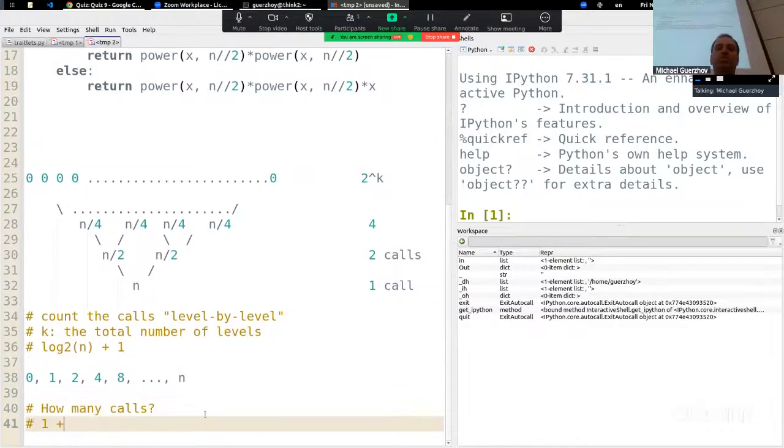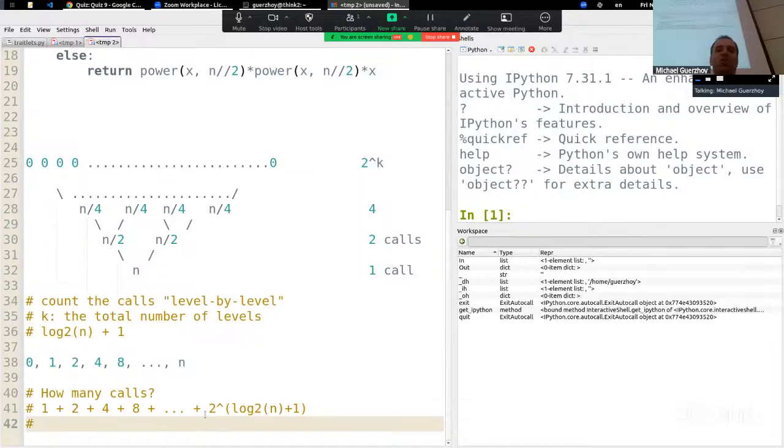Well, it's 1 + 2 + 4 + 8 and so on, plus 2 to the power of log base 2 of n, plus 1. That is a geometric series, right? So that is equal to just plugging in the formula.